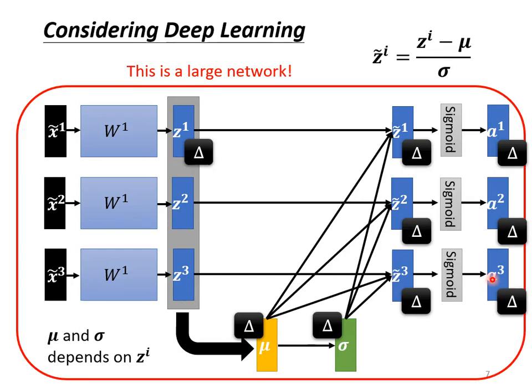Thus, when feature normalization is applied, you have to take this whole process, which collects a bunch of features and calculates them into mu and sigma, as part of the network. In other words, now you have a relatively large network. Your previous network only needs one input, and it has one output. Now, you have a large network. This network eats a bunch of inputs, uses them to calculate mu and sigma, then generates a bunch of outputs.